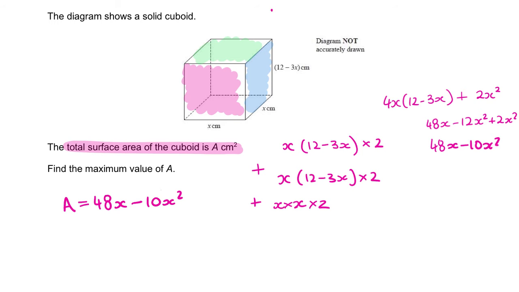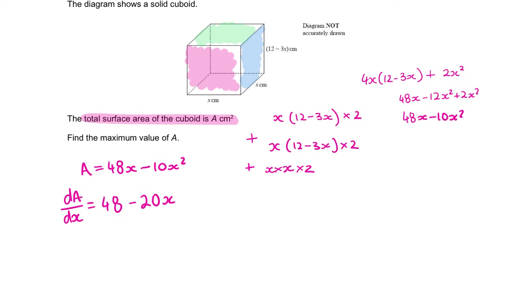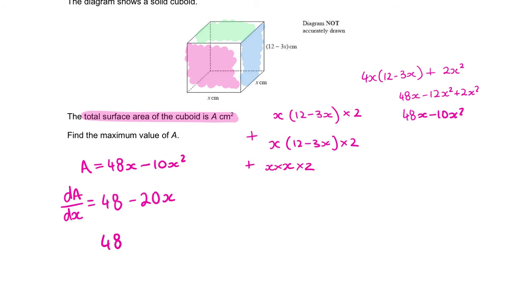We're going to differentiate A with respect to x. And then 48 minus 20x. Now, to find the maximum or minimum or the turning points, we know it's when our gradient function equals 0. So when does 48 minus 20x equal 0?